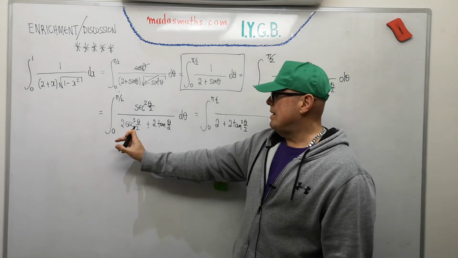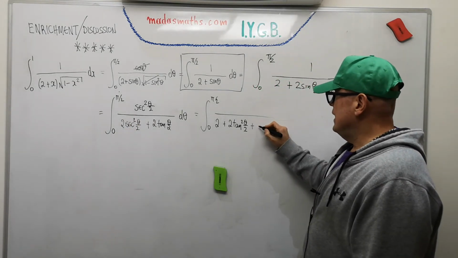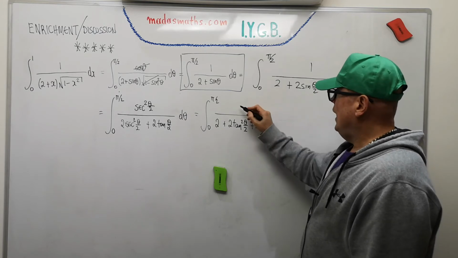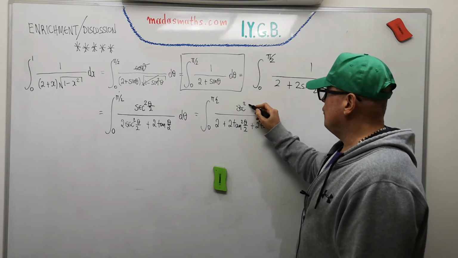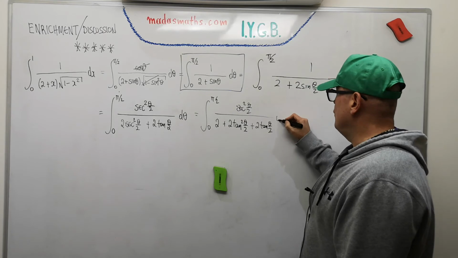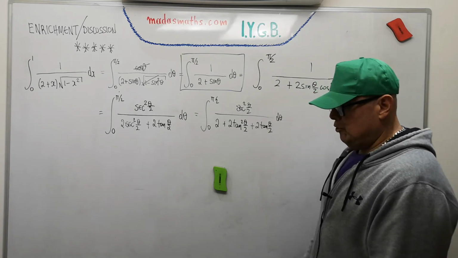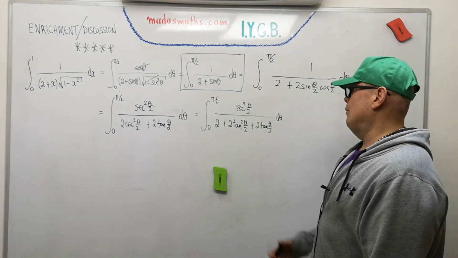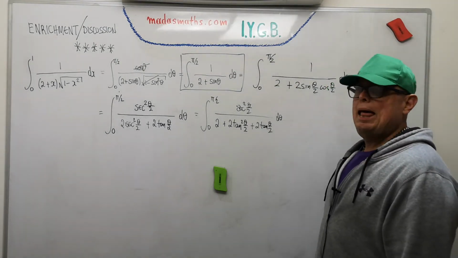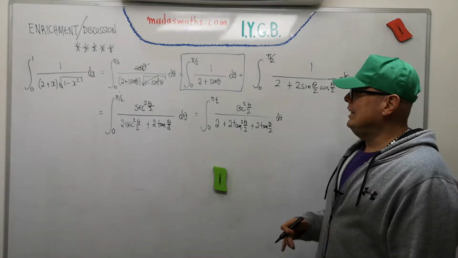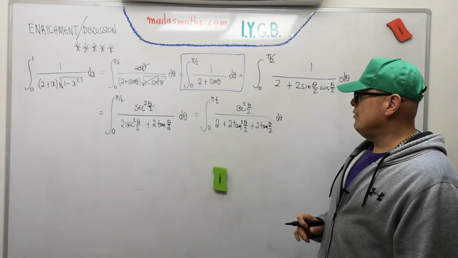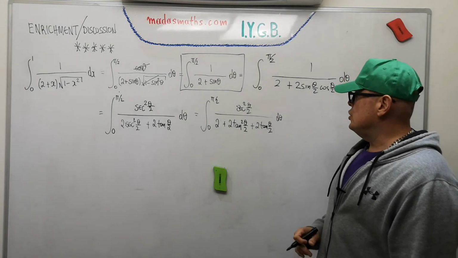Standard trig identity. Plus 2 tan theta over 2, and of course I've got the sec squared of theta over 2 on the top, d theta. And those who can see deep into this kind of problem can see that all I've done in there, I've done without doing the little t substitutions. I essentially have exactly what I had in the previous example, only it is not substituted.